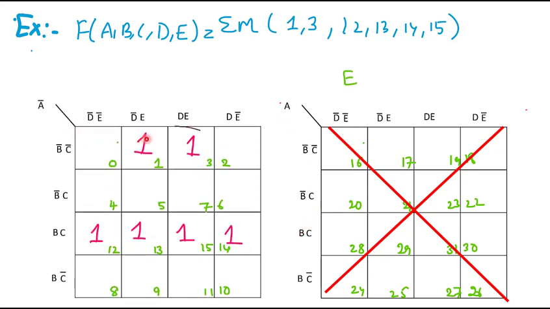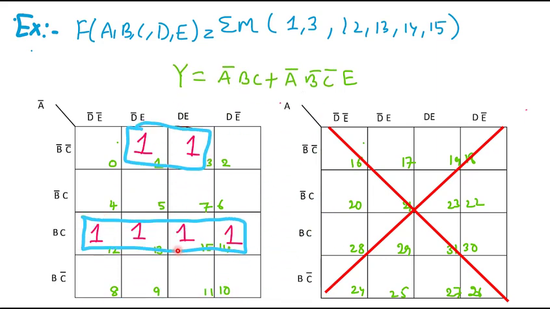Now this is the first block with all the min terms I have filled, 1, 3, 12, 13, 14, 15. Now you can form one pair here, one quad here. When you write the minimized expression, you have to write A bar of this resultant pair term. Similarly, A bar of resultant quad term. We'll see now how we are going to get it.